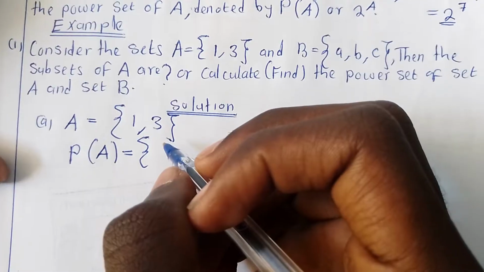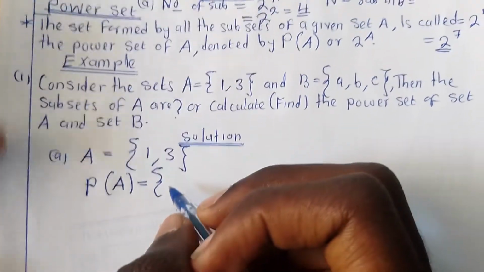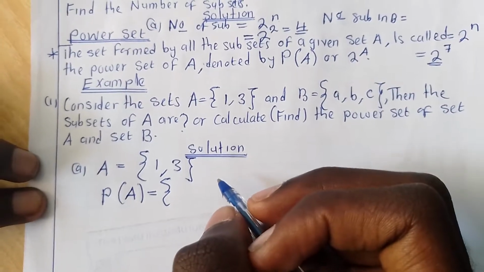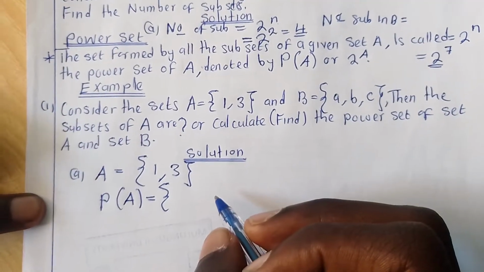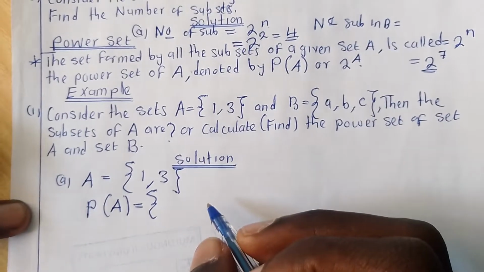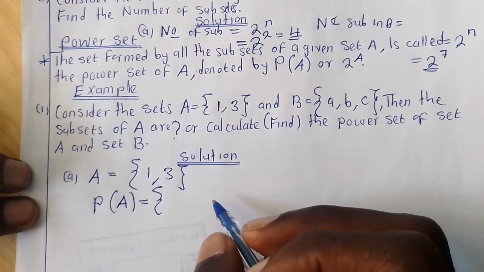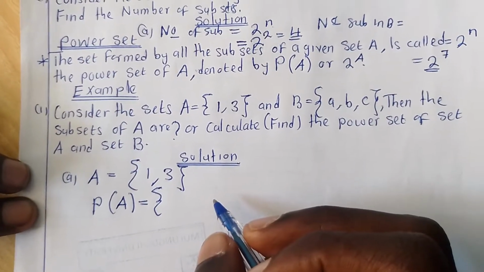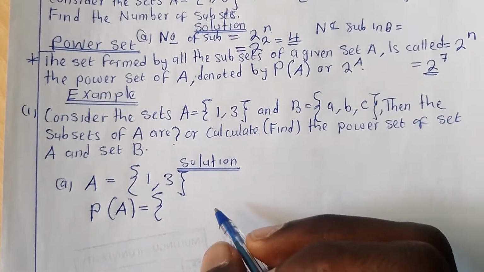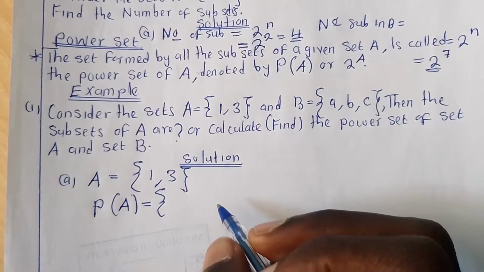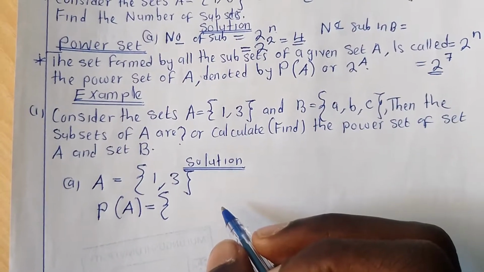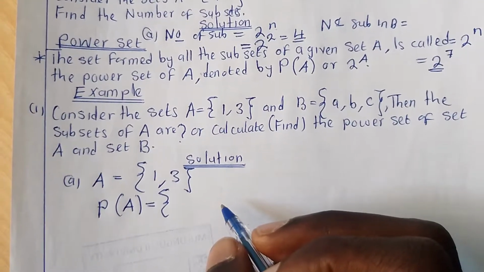In order for us to write the power set of A, remember, in the first place, I outlined to you the statement that we made concerning an empty set, where we said that the empty set is considered to be finite and a subset of every other set.